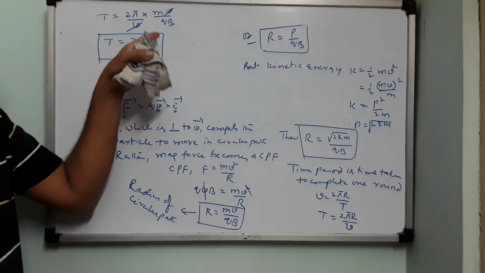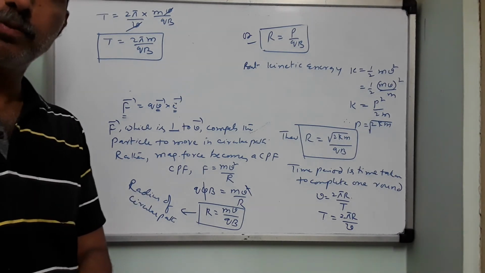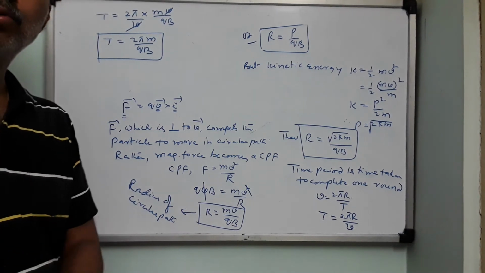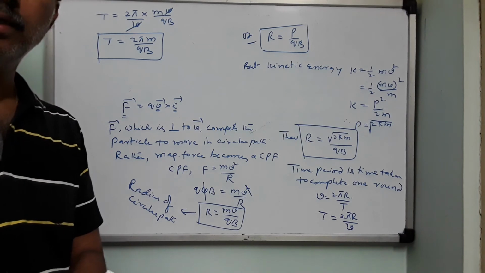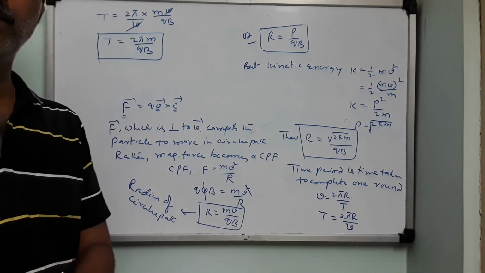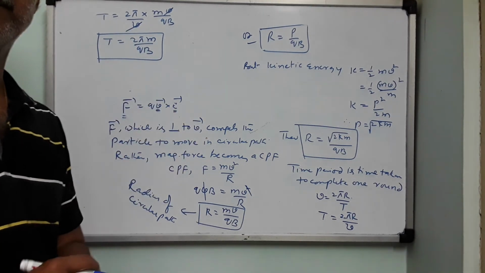Time period does not depend on the velocity of the charged particle with which it is projected into the field. Whether you give a 50 km per second speed with the help of a rifle, or you throw with your hand with a speed of 10 km per second, or you increase the speed by some other projections to 100 km per second, the time period in all these cases will remain same.